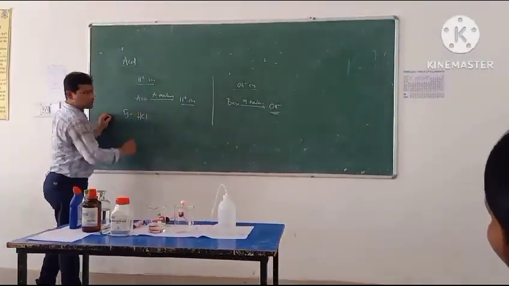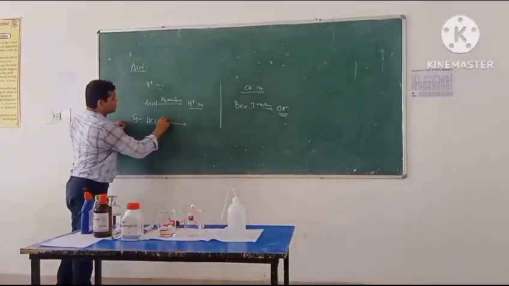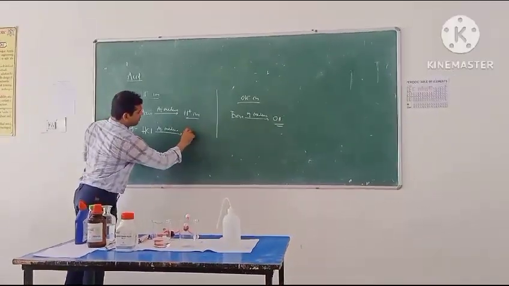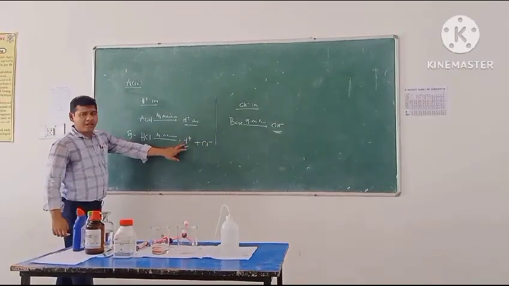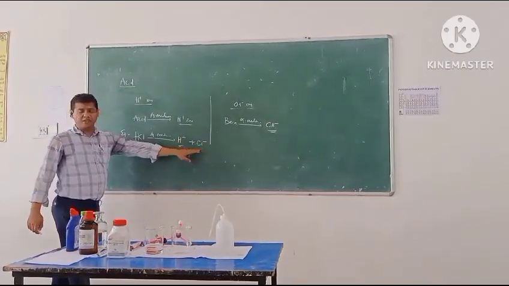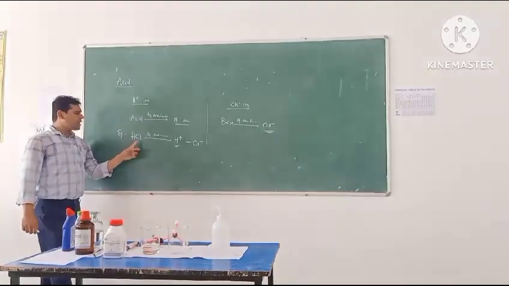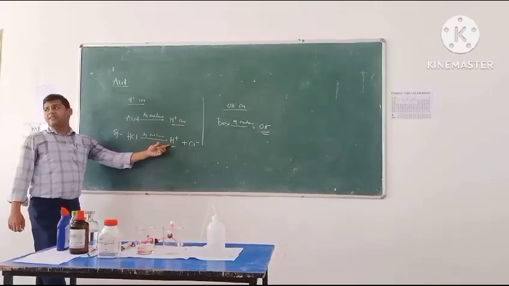Hydrochloric acid, HCl, in the aqueous medium produces H plus ion and Cl minus ion. This is hydrogen ion and this is chloride ion. This is the hydrogen atom and this is the chlorine atom, and it produces hydrogen ion in its aqueous solution.